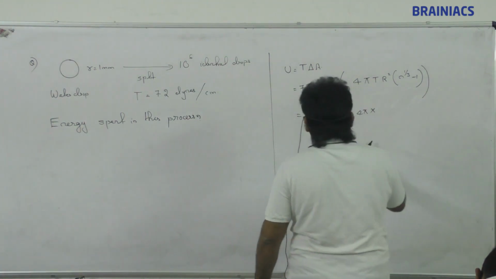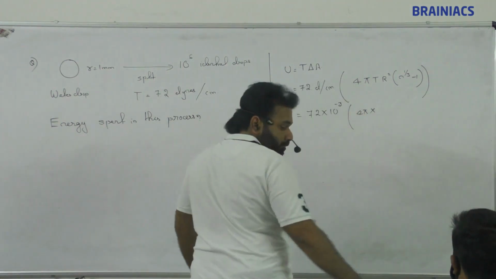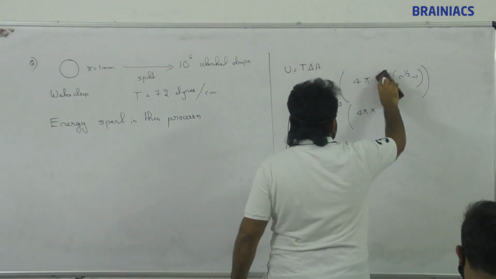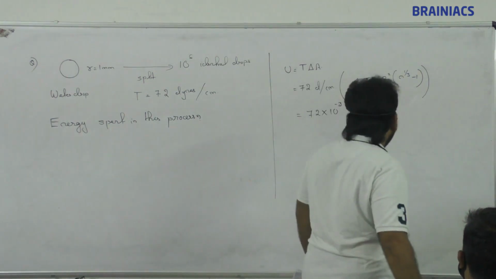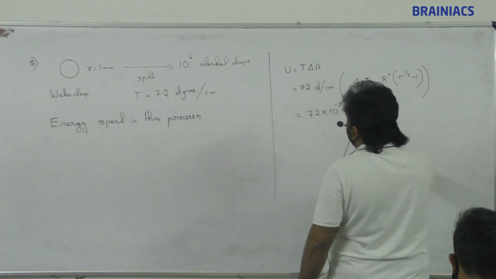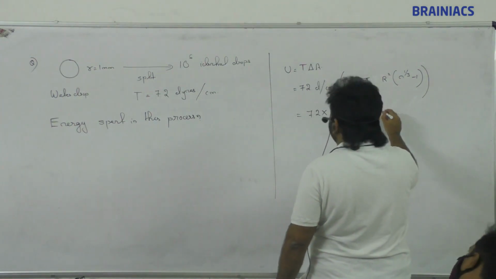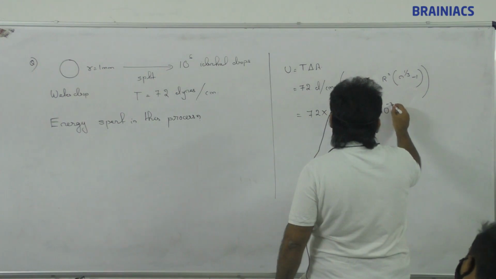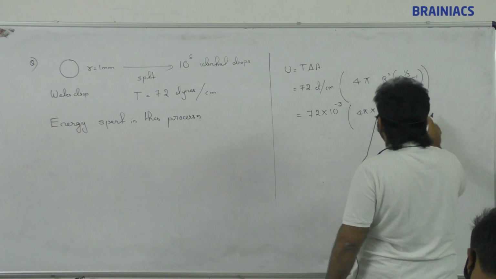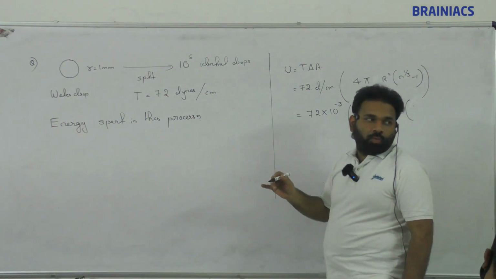Sorry, this t is not required now. Okay, fine, 4 pi into capital R, which is 1 millimeter, so 10 raised to minus 3 whole cube, into n, which is 10 raised to 6, all raised to 1 by 3.